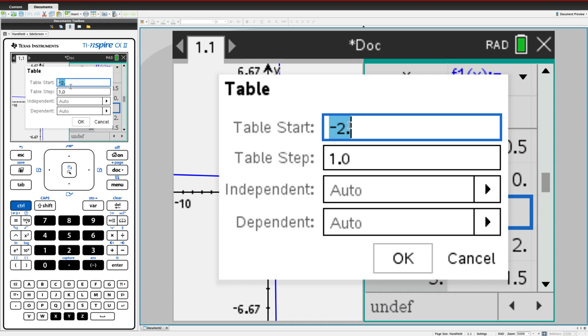When we work at limits, I need to start at 1. Why am I starting at 1 again? That's the x I want. When we work on limits, I want to count by 10,000ths. So do 0.0001. I'm going to do 4 digits here. And then press OK.